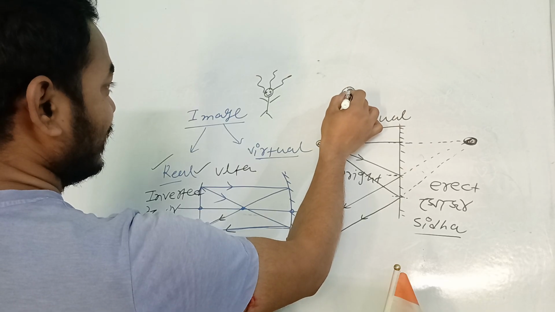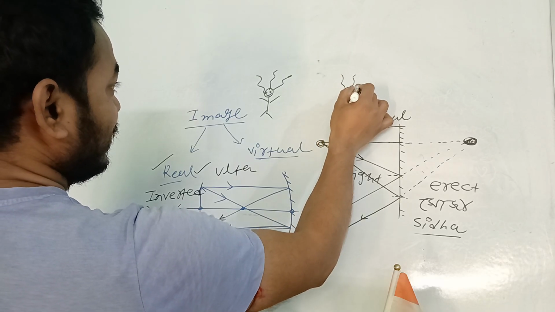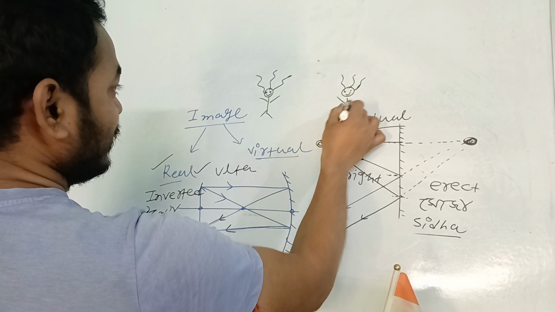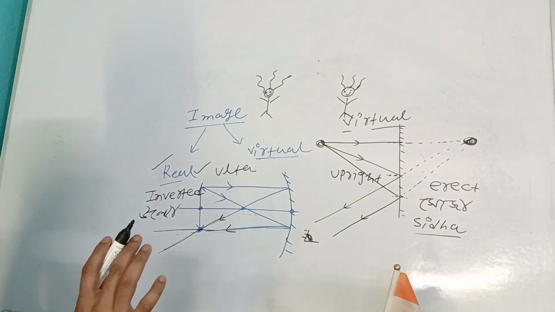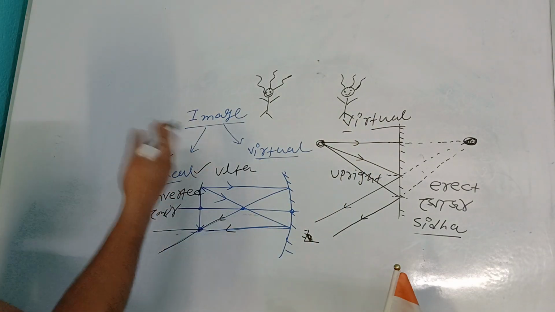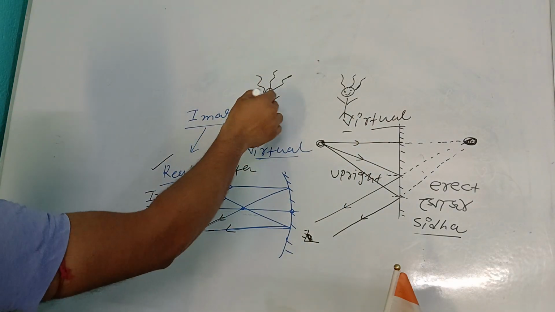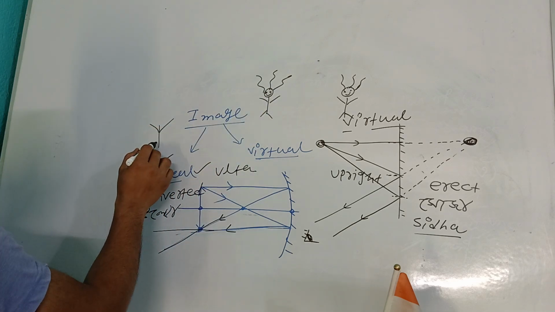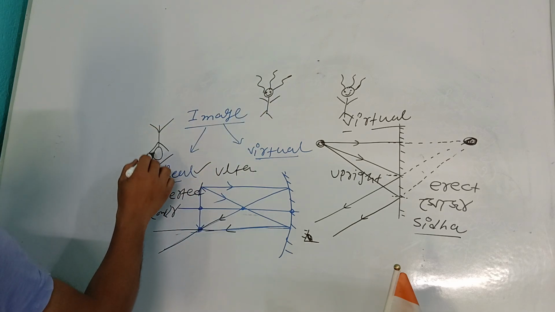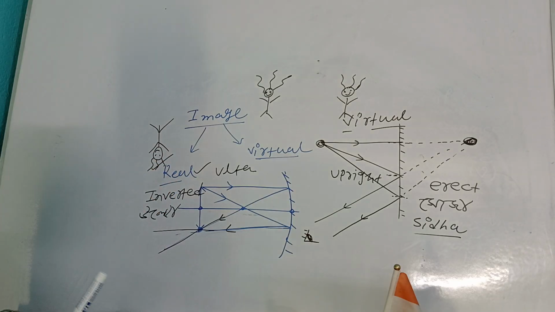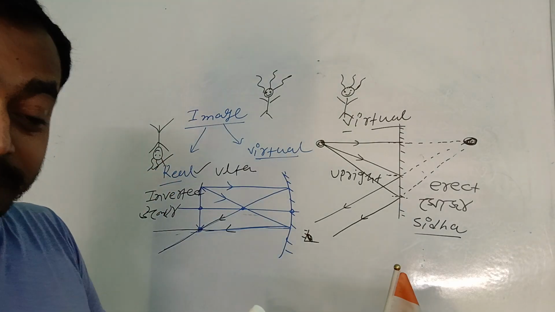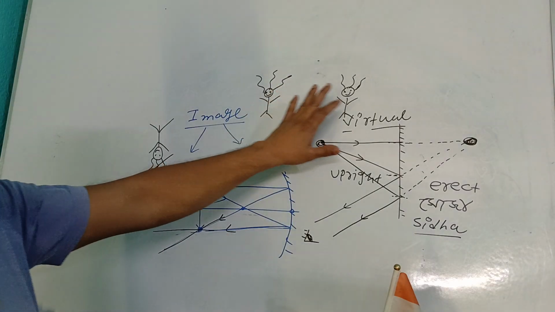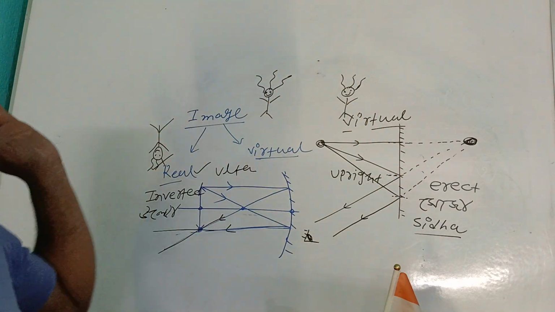Virtual is upright, and real is inverted. So for this object, this is the real image. Real image is inverted, virtual is erect.